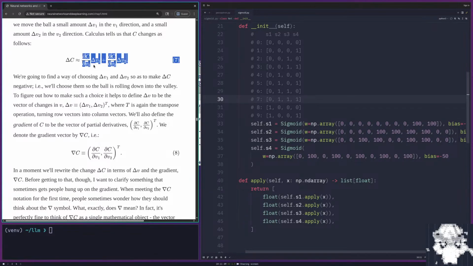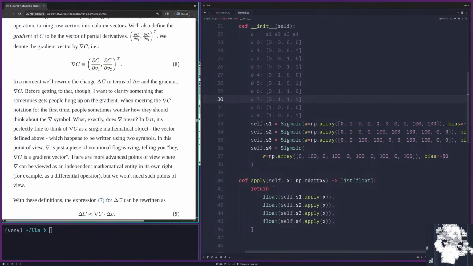So that's these components. I can tell what's going to happen next is we're going to have a dot product between grad of c and delta v, because that's what's going to give us this. So we're going to have delta c approximately equal to the dot product between grad of c and delta v.